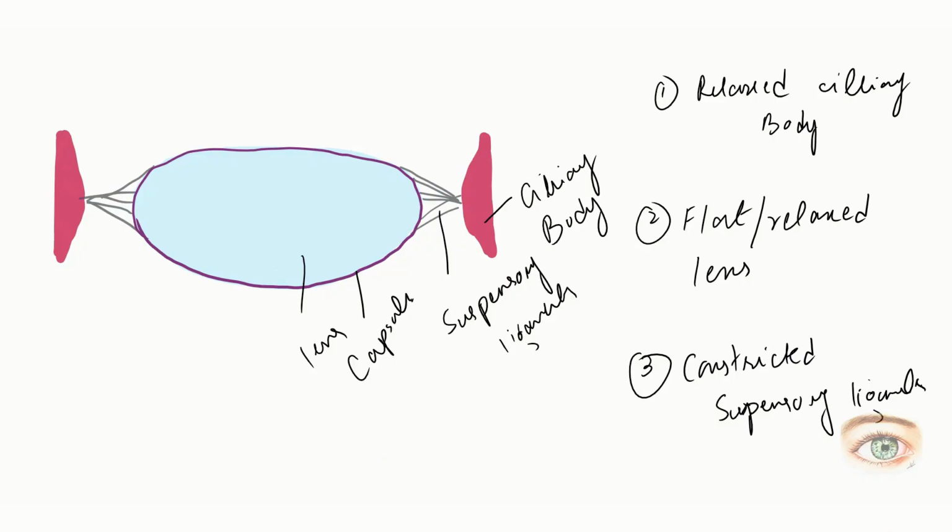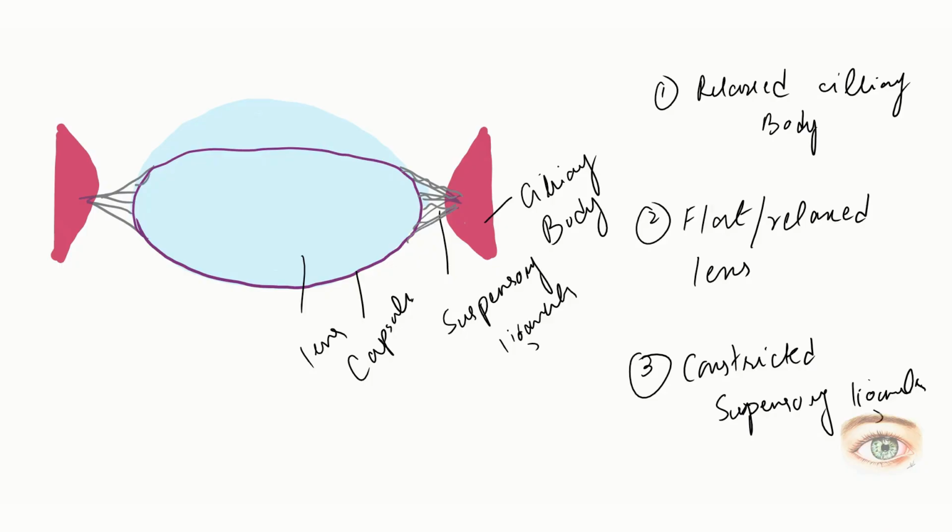So what actually happens during the active state of accommodation? During accommodation, the ciliary body is going to constrict and the anterior curvature of the lens is going to increase, right? And what else? The suspensory ligaments are going to relax.